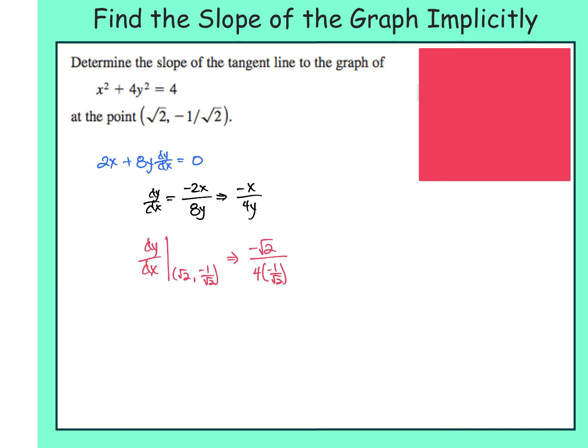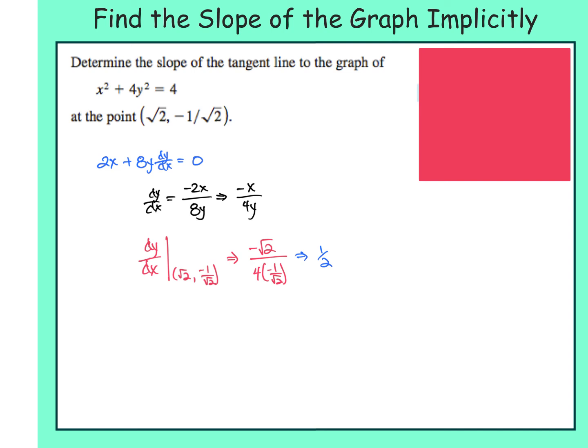And so now we've got to do a little bit of math. What happens to my negatives? They cancel. So now I have a 4 over square root 2 on my denominator, right? But really that's multiplying by what? The reciprocal. So I'm really multiplying by square root 2 over 4. So what does that become? 2 over 4, which is 1/2. So my slope of my tangent line at that ordered pair is 1/2.